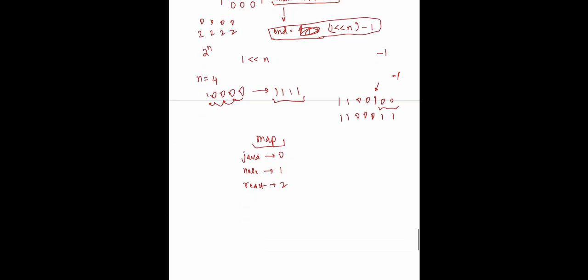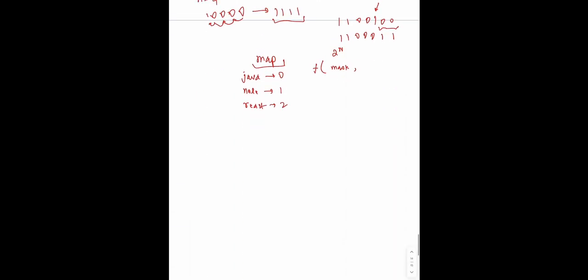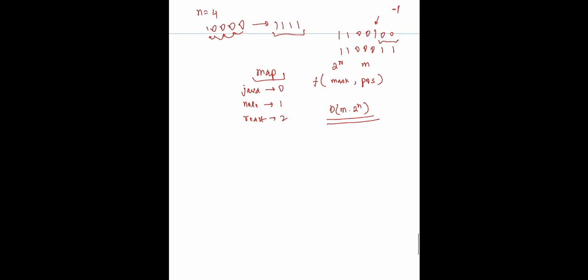In our recursive formula that we'll write, we'll at least pass a mask, and each mask will have 2 power n states. And as we said, for each person, we'll try to take or not take, so we also pass a position. Suppose this was of length m. So this would be something of an m into 2 power n solution after we memoize it. Let's talk about memoization later. We're just going to come to a recursive formula.